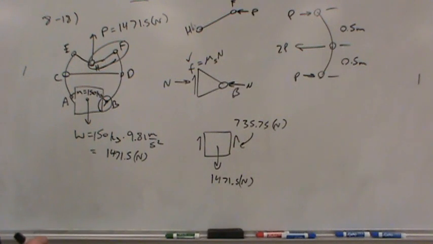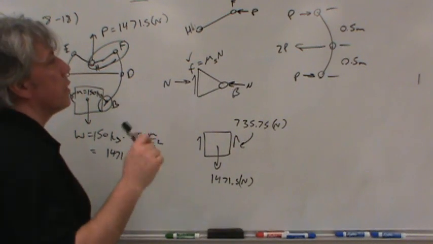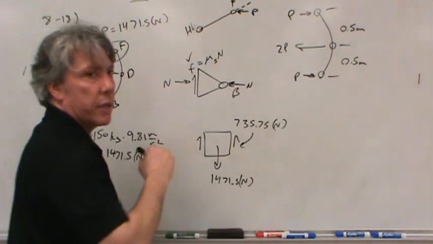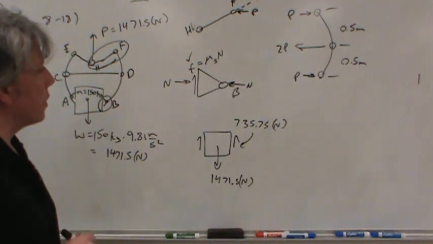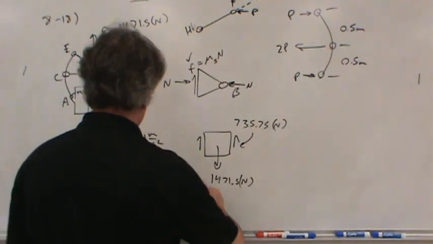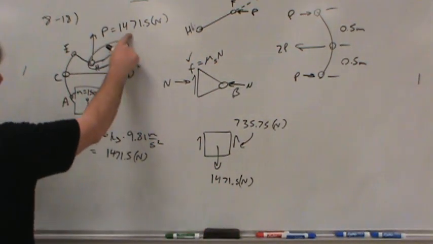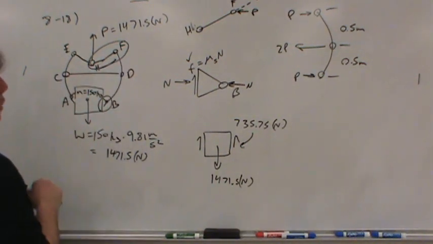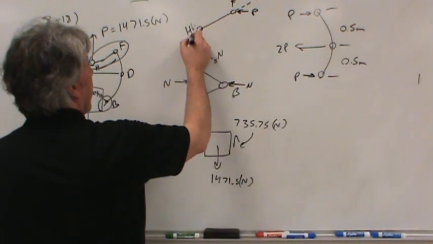Now I've got to think just a little bit. Here's the problem. I know HF is a two-force member, so I expect a force along that direction. So let's pause on this. Maybe I'm flying a little too fast. Let's try again. How about if we go from here? We know this force. So couldn't we calculate the force in this member? That should be easy.